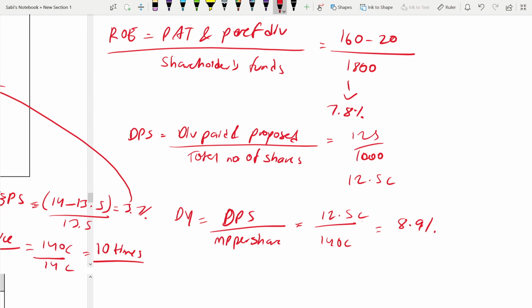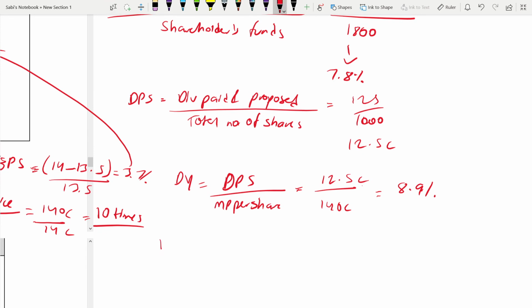But since they have not given, you still can calculate the prior year dividend yield. How? How are you going to calculate the prior year dividend yield?